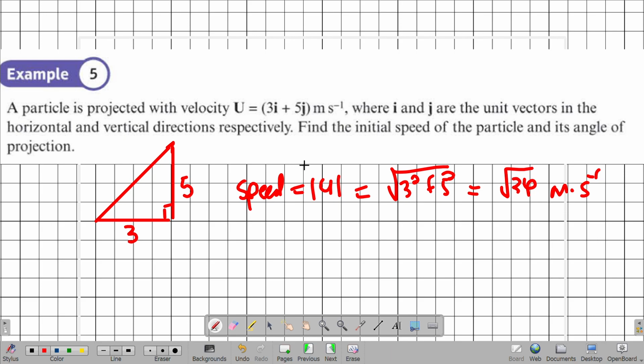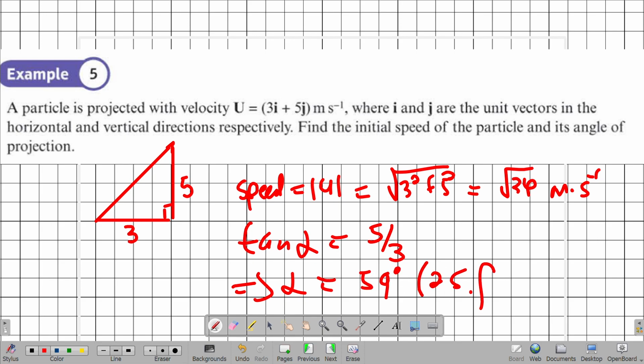So the speed is root 34 and the angle of projection is simply given by tan alpha, which is equal to 5 over 3. This further implies that alpha is equal to 59 degrees to two significant figures. So the initial speed is root 34 meters per second and the angle of projection is 59 degrees.